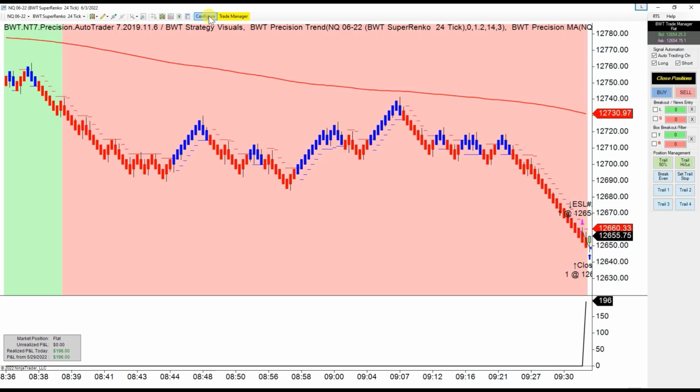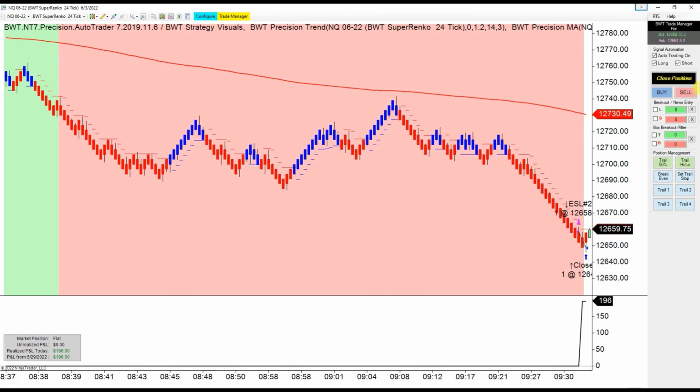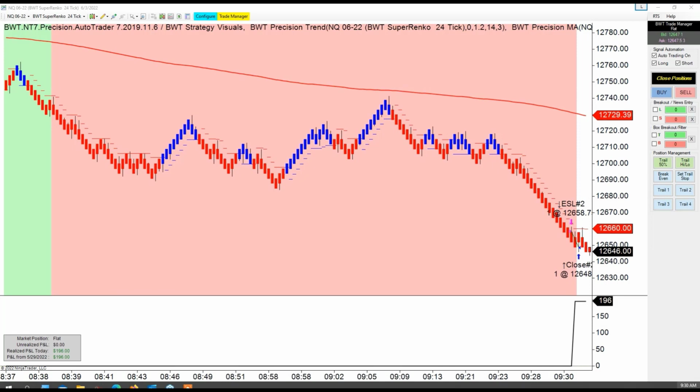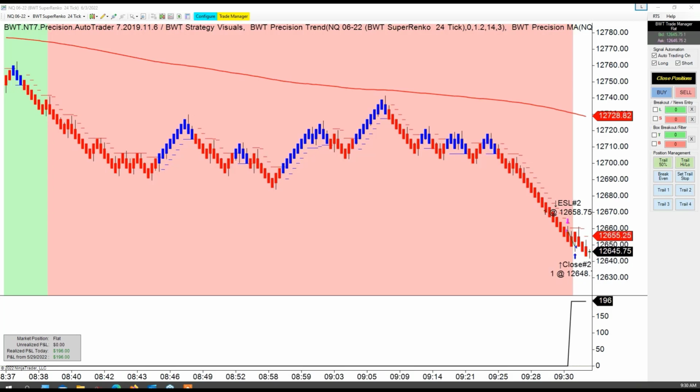Wow, that was fast. A little bit of negative slippage, but the AutoTrader is done. And I think it took something like 20 seconds. Yeah, it was just about 20 seconds. That's how long it took the AutoTrader to hit the $200 target right out of the gate.